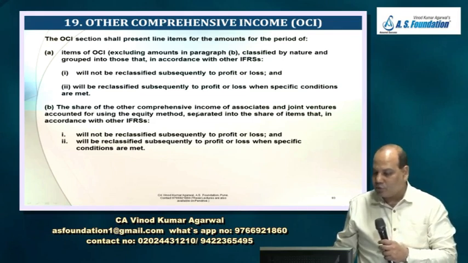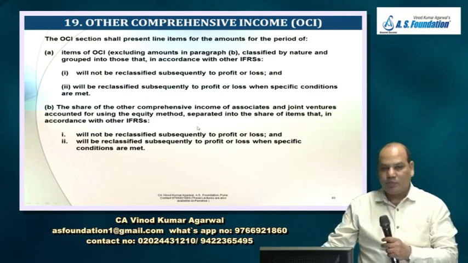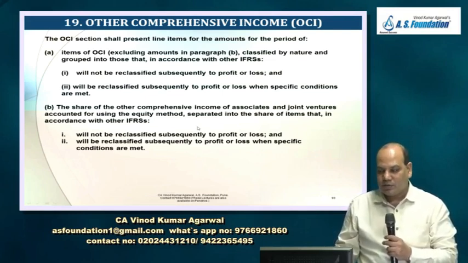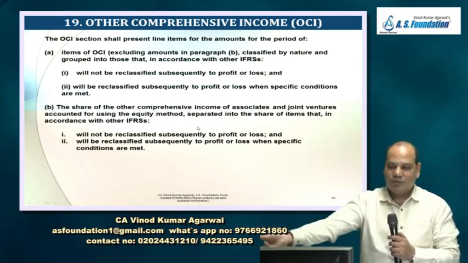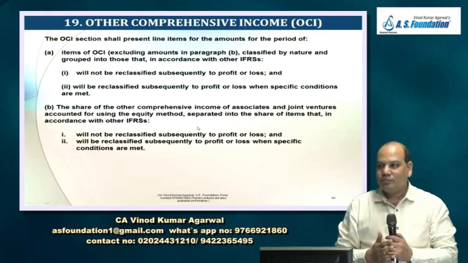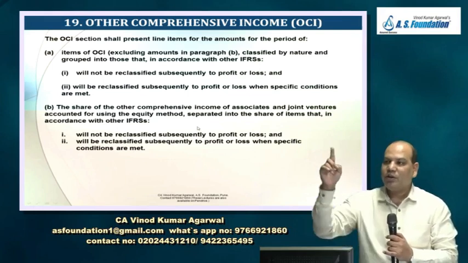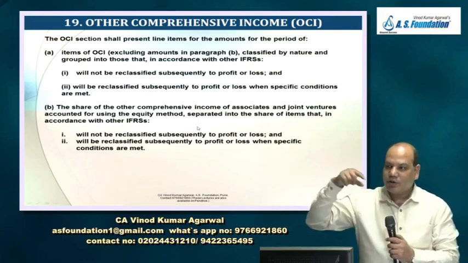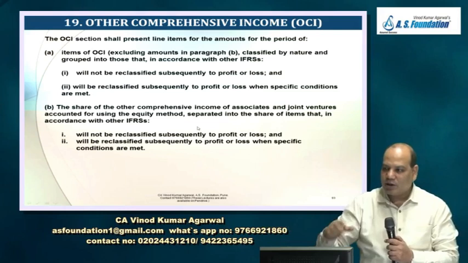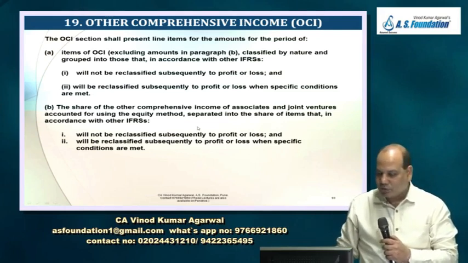Point number B, the share of OCI of associates and joint ventures. Already discussed with you: when we are preparing the consolidated financial statements, and we have associates and joint ventures, our share in their income is included. Our share in their P&L will be added in our profit and loss section, and our share in their OCI will be added in our OCI section. We have a standard on associates and joint ventures, we are going to see it there.